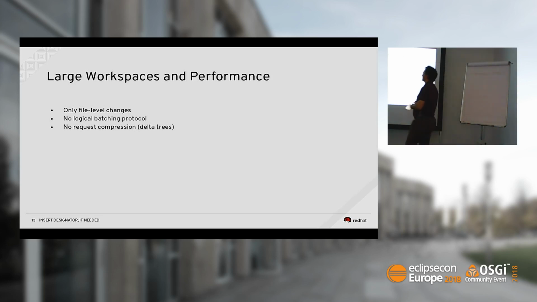But a large problem was that LSP actually mandates that the client does file watching, and you send change notifications to all the language servers. The problem is, when you import a project with, let's say, 20,000 files, you're going to get 20,000 notifications, and it takes a long time to process all that.